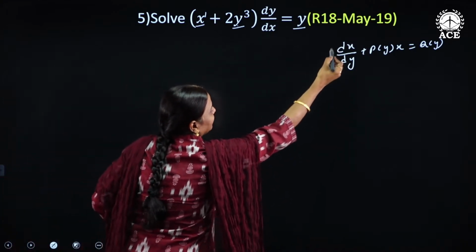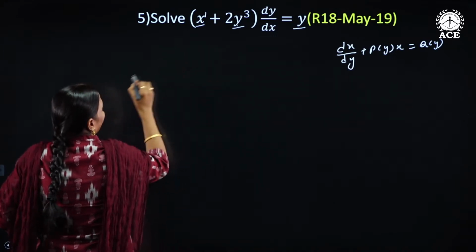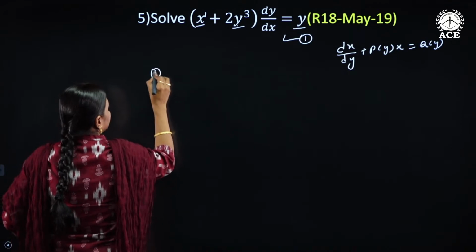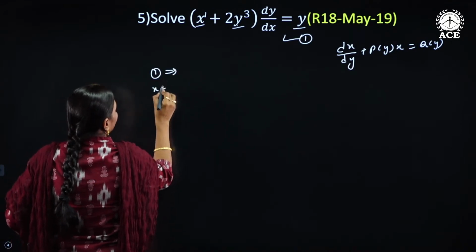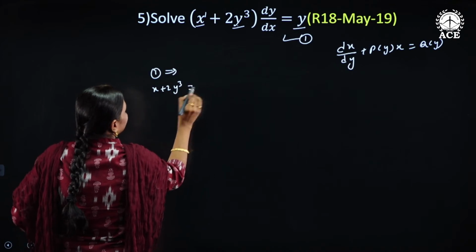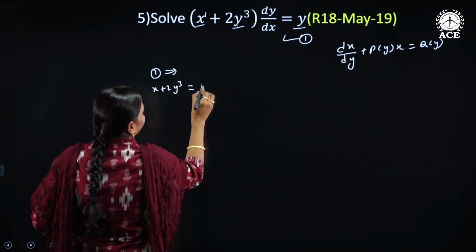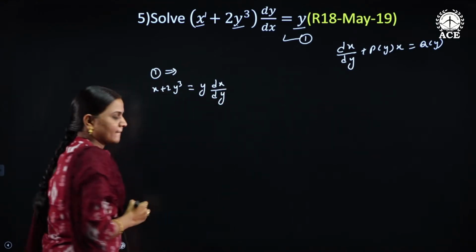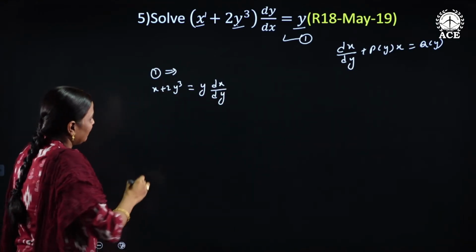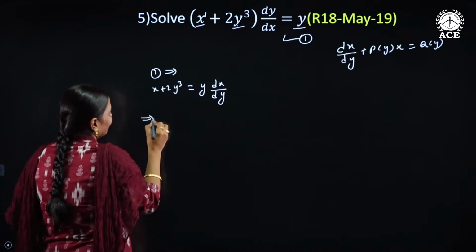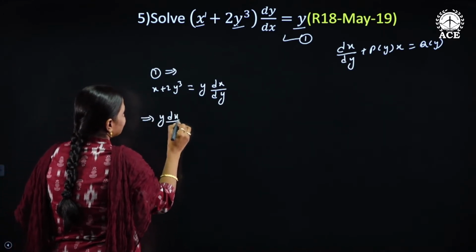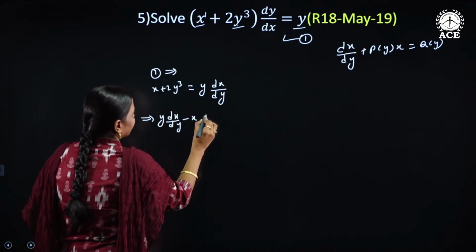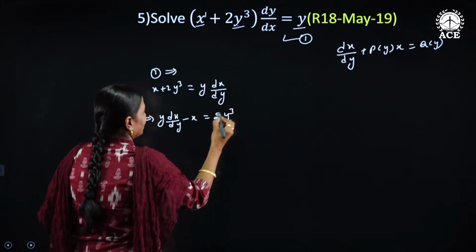If we consider equation 1, it can be written, by cross multiplication, as x plus 2y cube is equal to y into dx by dy. Rewrite this equation as y into dx by dy, and if you take x to the right side, that is minus x is equal to 2y cube.